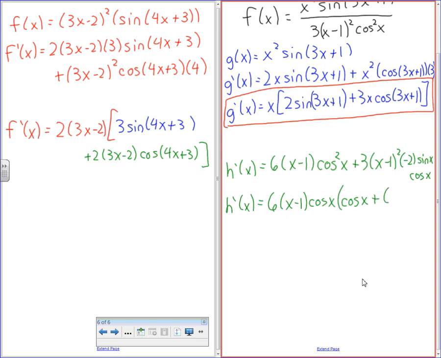Minus. Does that look okay? Anyway, you can multiply that negative in just for fun, but you don't have to. Good? Okay.